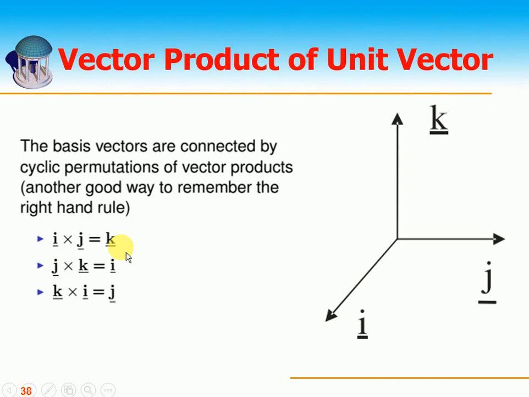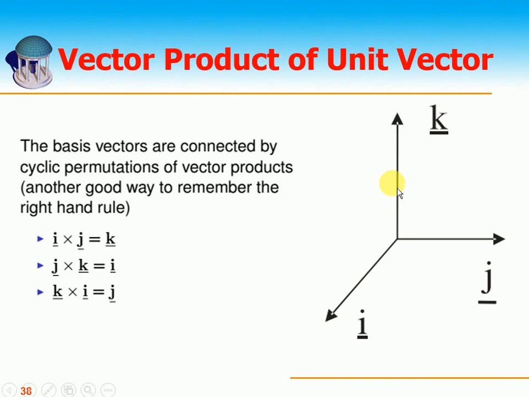So i cross i is 0, j cross j is 0, and k cross k is 0, because the angle is 0. Remember, if I say i cross j, the result should be in the third direction, that is k. If I'm moving anti-clockwise, k is also in the anti-clockwise sense.